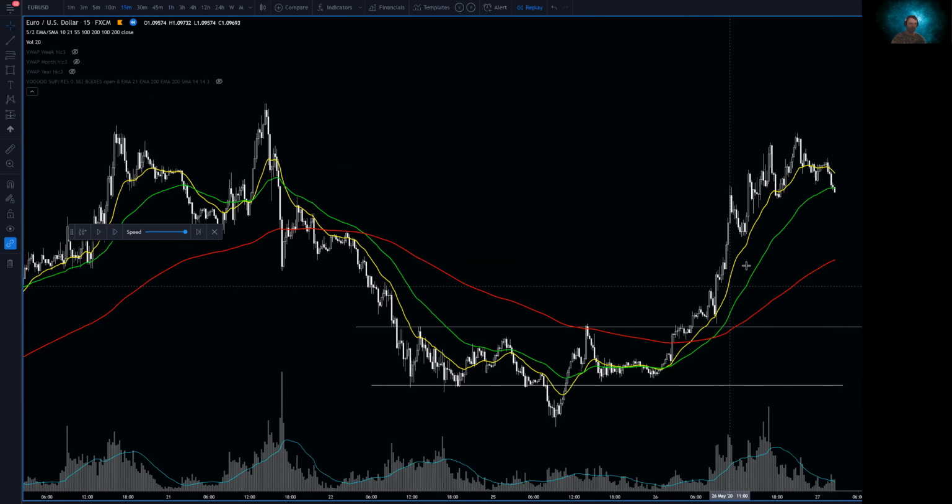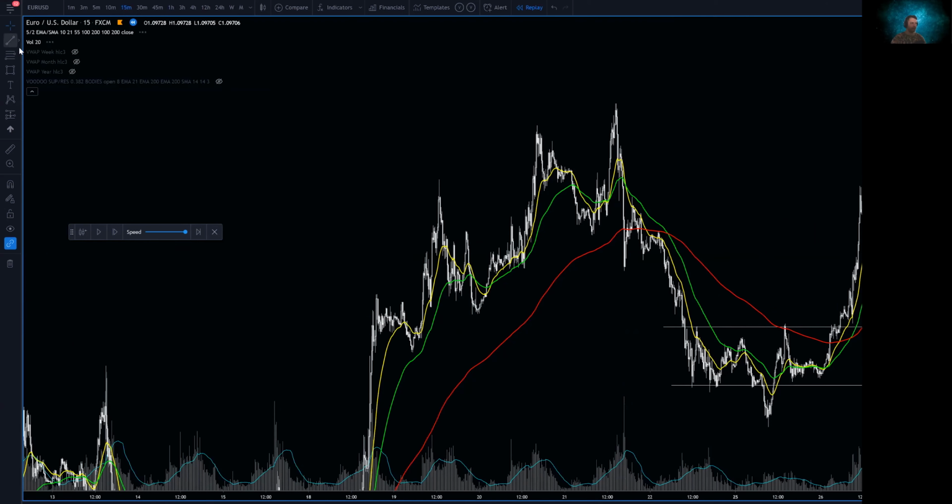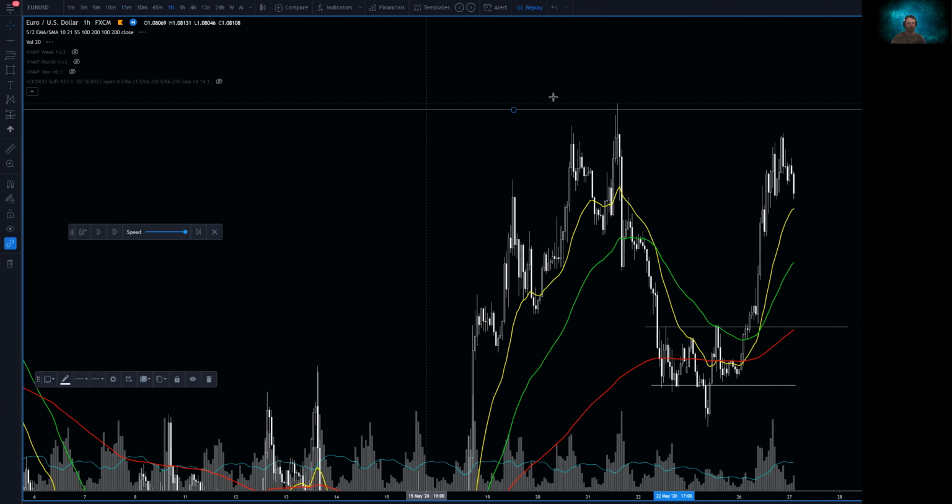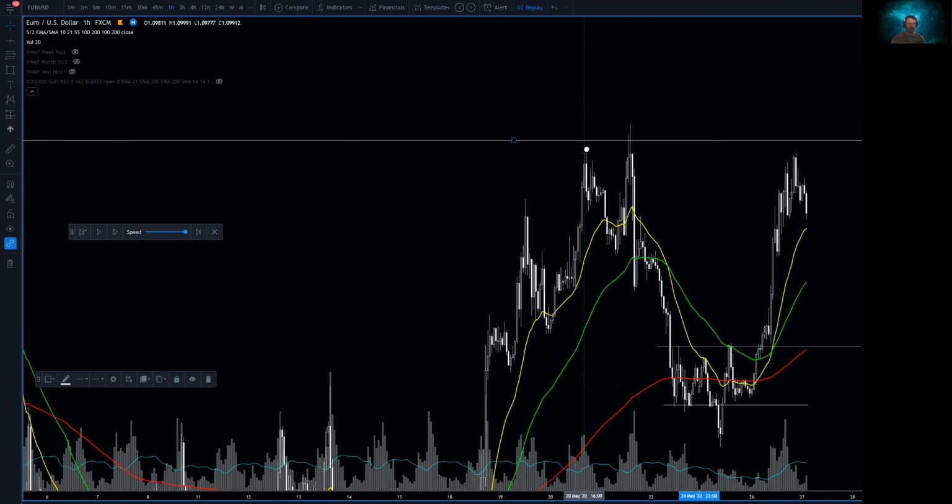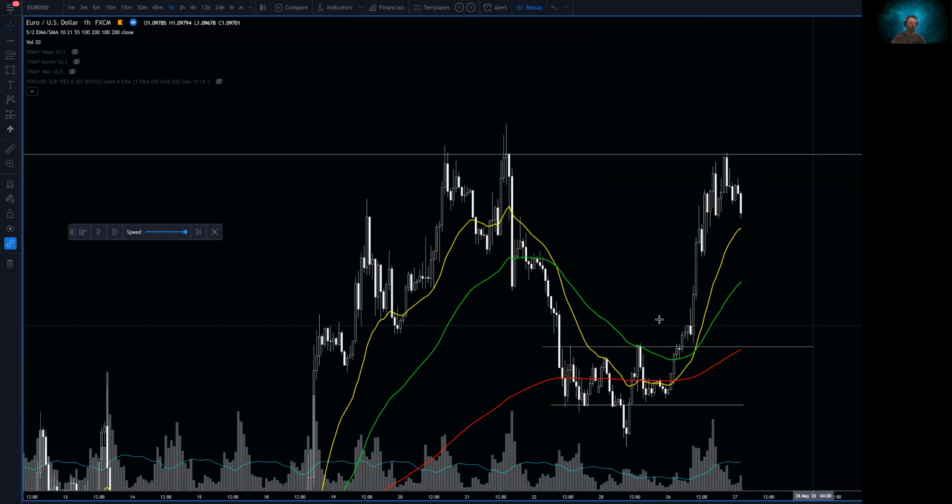Also, I won't be taking a trade if I have a high here, defined on the hourly or even lower. Let's not take weeks, okay? So I have a high here.